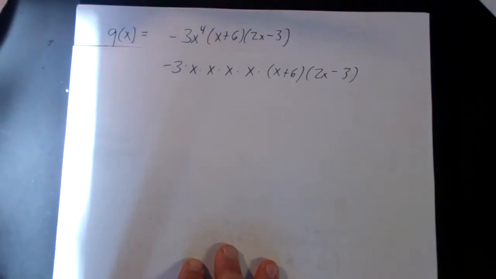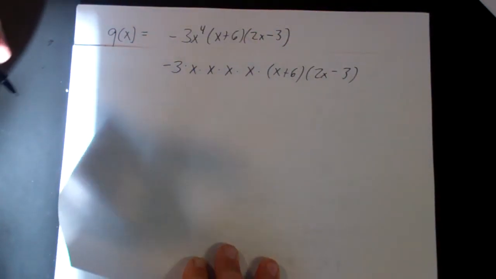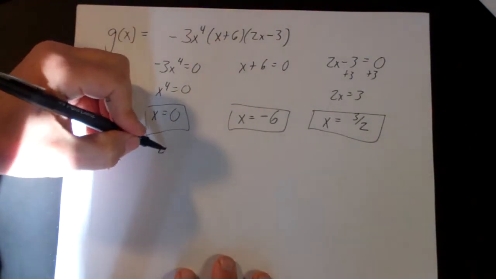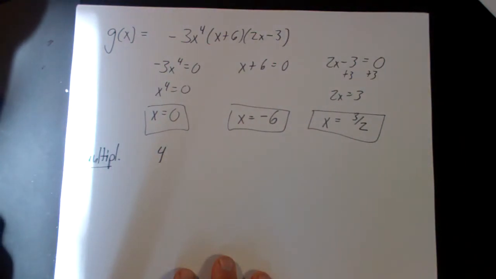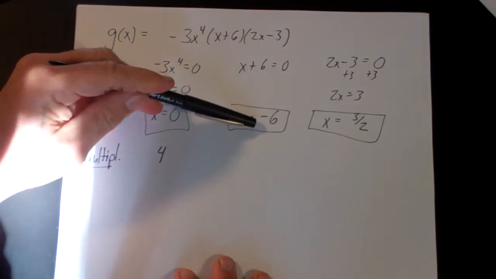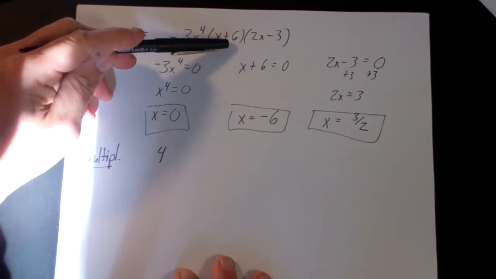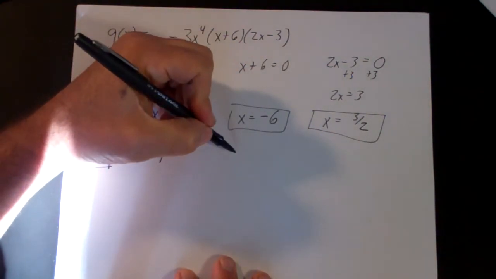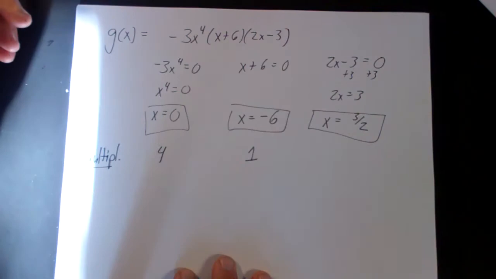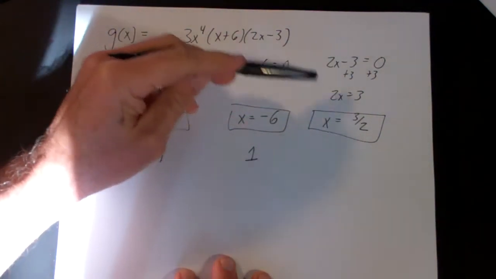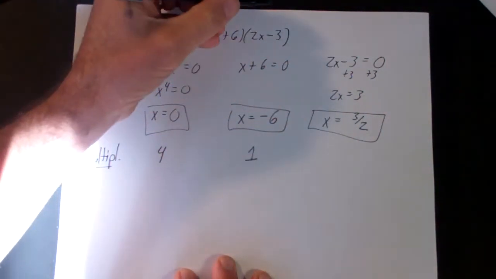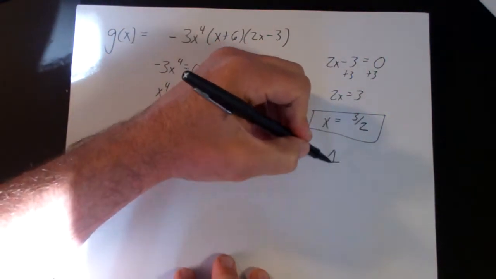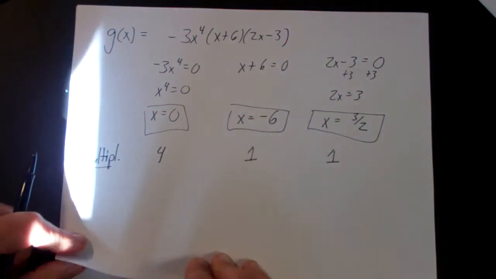If you notice, the x shows up 1, 2, 3, 4 times, so the multiplicity is 4. Here you have x equal to minus 6, and this only shows up once, so the multiplicity is 1. And then here you have 3 halves, so it only shows up once, and there's the multiplicity. So that's if it's in factored form.